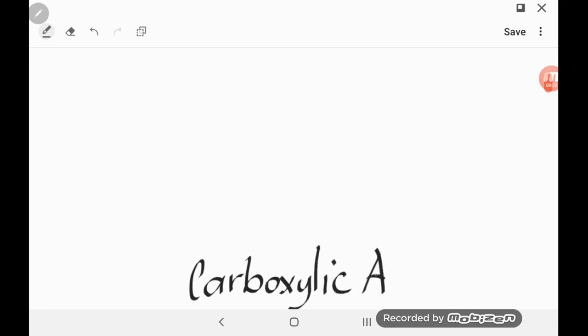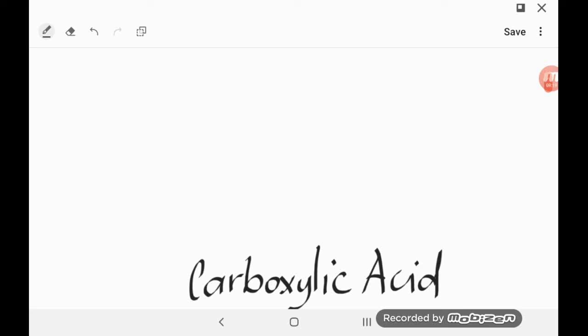The next type of organic compound is the carboxylic acid. A carboxylic acid is an organic compound in which a carbon atom is bonded to an oxygen atom by a double bond and to a hydroxyl group by a single bond. A fourth bond links the carbon atom to a hydrogen.